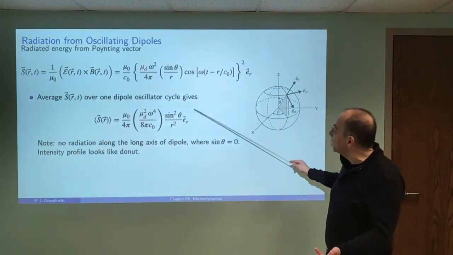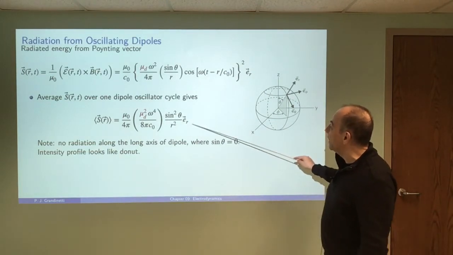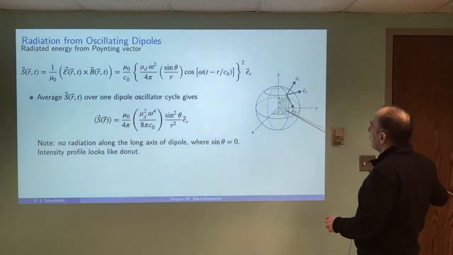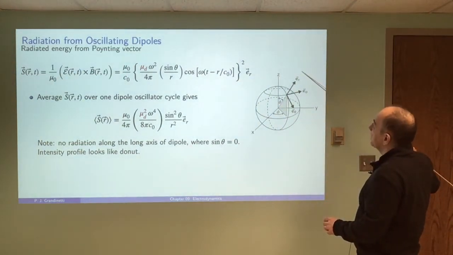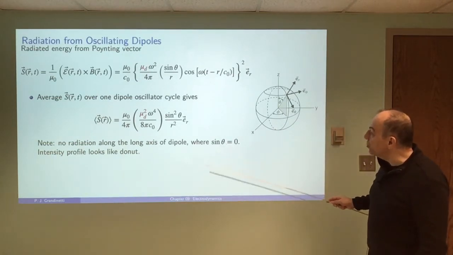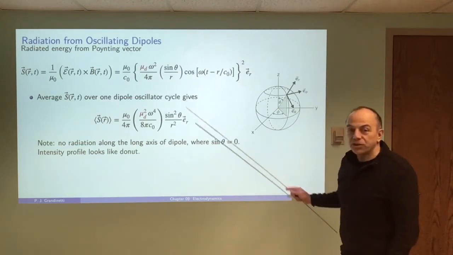and what you get is that we have 1 over r squared sine squared theta, and then we have the power that's coming out along r. So from the origin out here is how the power is radiating out. One of the things you notice is that when sine theta is equal to 0, this whole expression goes to 0.